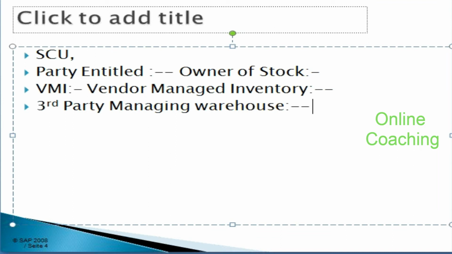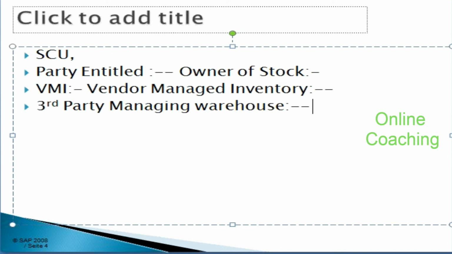Or sometimes what people do is, in one single warehouse, we'll be managing the stock of two different parties. Right. It's the same material, but the party entitled will be different.